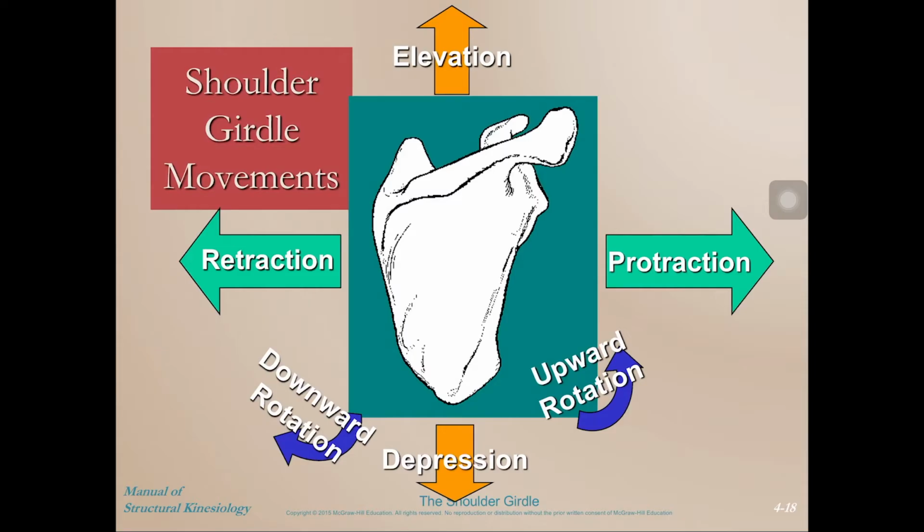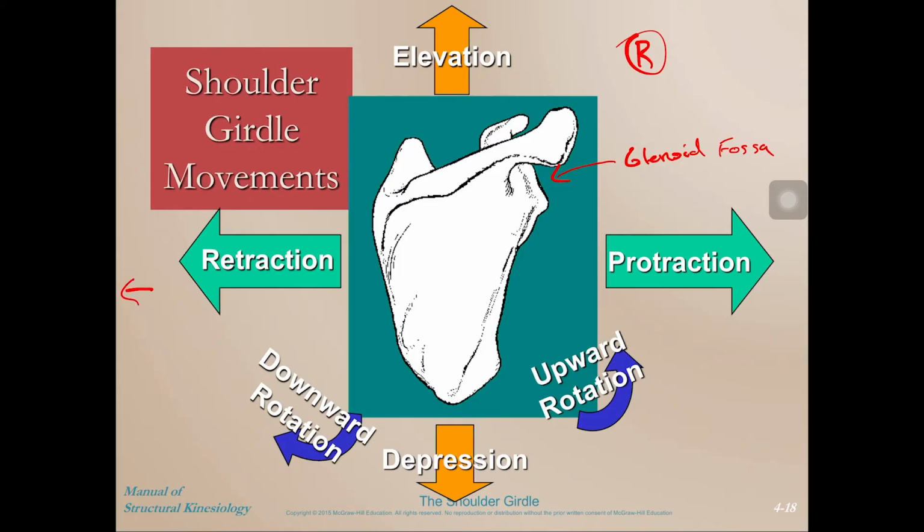Okay, I like this picture because it clearly marks out the directions that the scapula will move. First, while we're looking at the scapula, let's identify that this is a right scapula, because here is the glenoid fossa. Its twin scapula would be off screen over there somewhere.